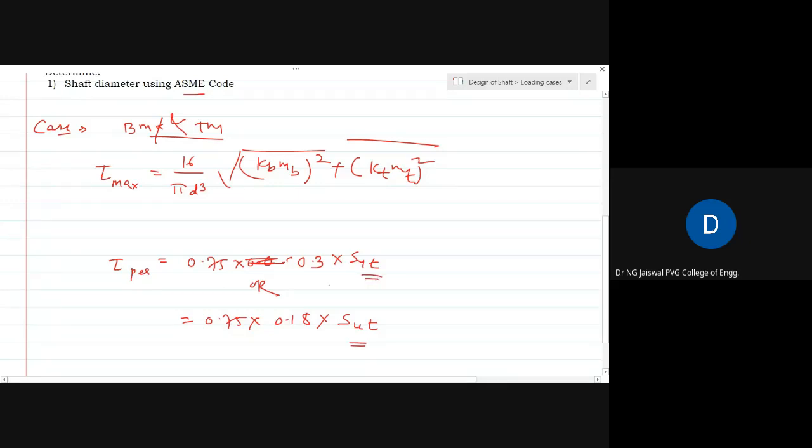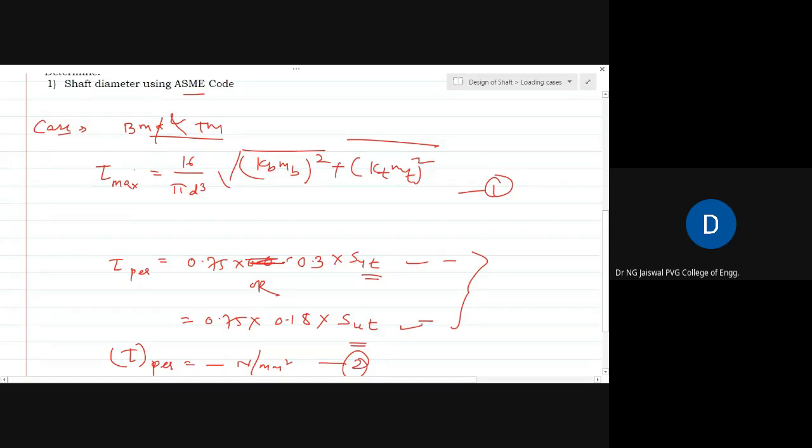We can find out this part of the equation as well as that part. You get some number from each, and out of these two you take the minimum, and that becomes my answer. So tau permissible will finally be the minimum number, in Newton per mm square. Let us say this is equation number 2, and the other is equation number 1, and now we equate 1 and 2.